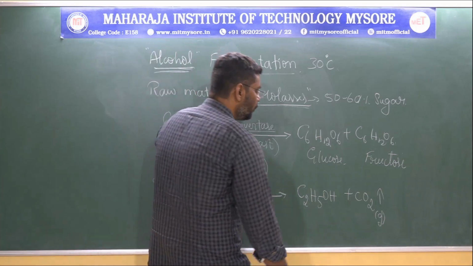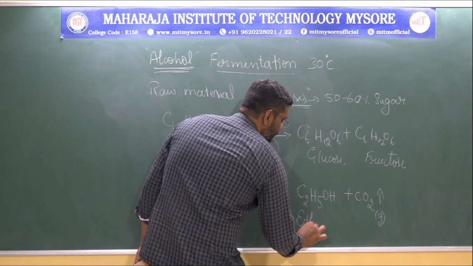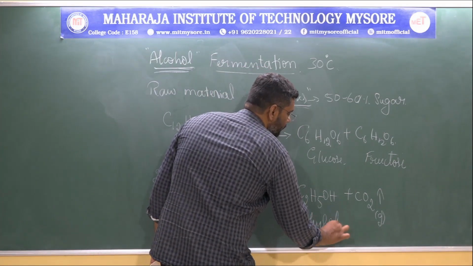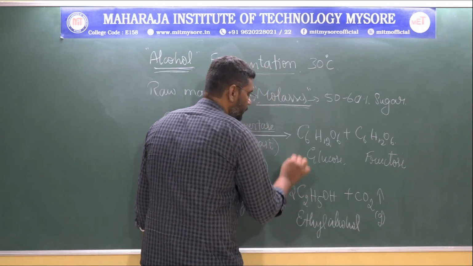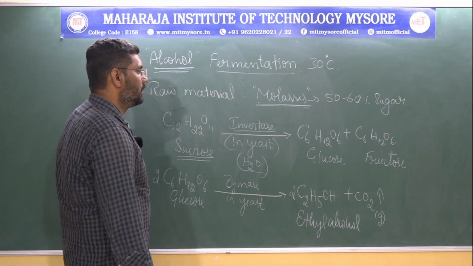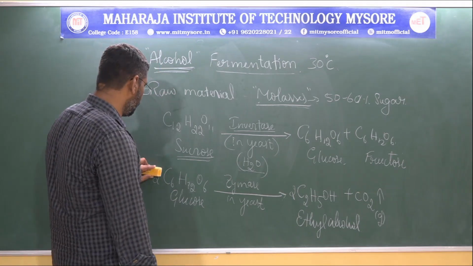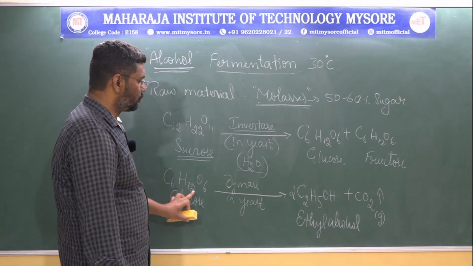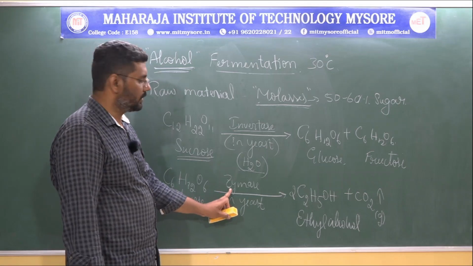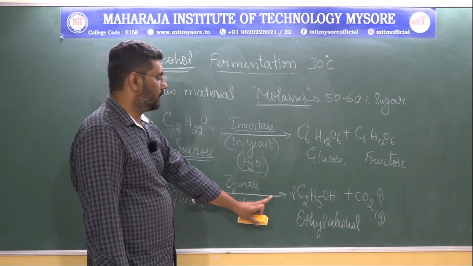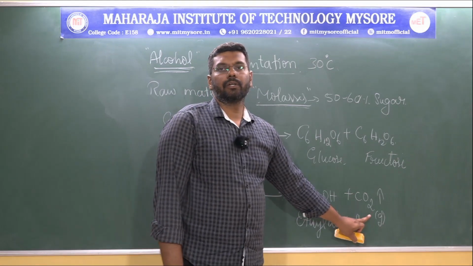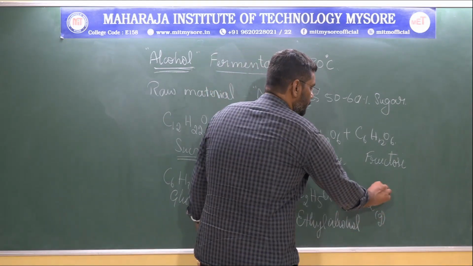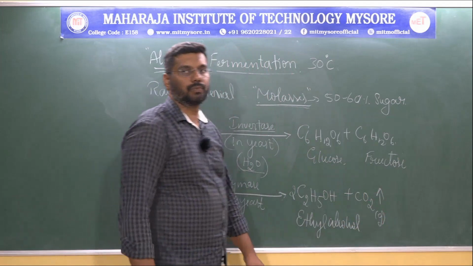C2H5OH is nothing but ethyl alcohol. If you balance the equation, it becomes 2C2H5OH. C6H12O6, in the presence of zymase as an enzyme in the yeast, gets fermented to ethyl alcohol along with carbon dioxide as a gaseous molecule which easily escapes to the atmosphere.